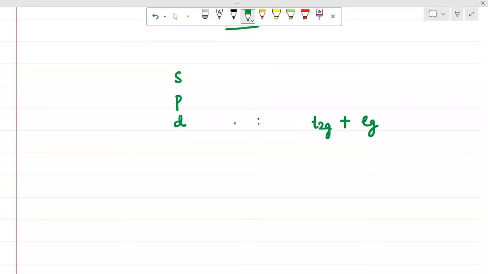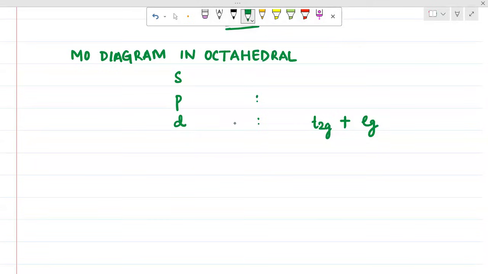Similarly, if you take the octahedral geometry, now what we are going to discuss is about the MO diagram. You can note down the heading: MO diagram in octahedral system. If you have an octahedral system, the symmetries of these orbitals are, for D, T2G and EG, you're familiar.